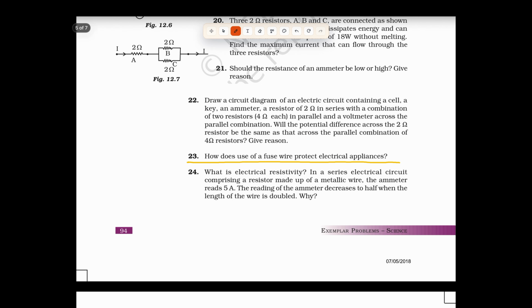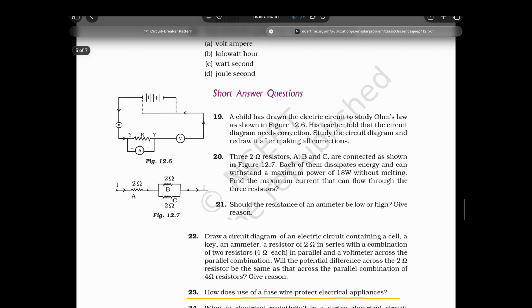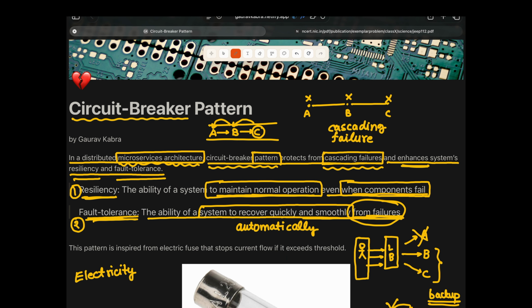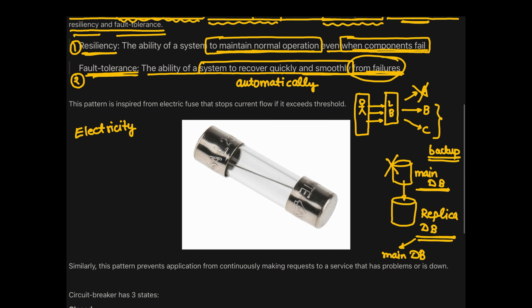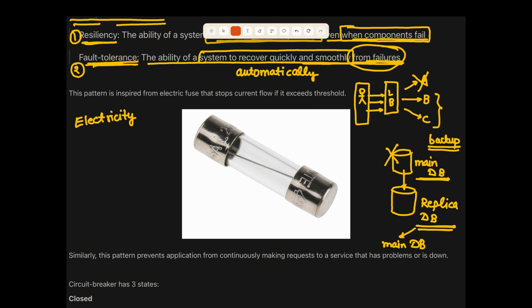How does use of a fuse wire protect electrical appliances? So this is class 10th book, NCERT book, and this concept has been borrowed surprisingly from science. So this pattern is inspired from electric fuse that stops current flow if it exceeds a threshold.